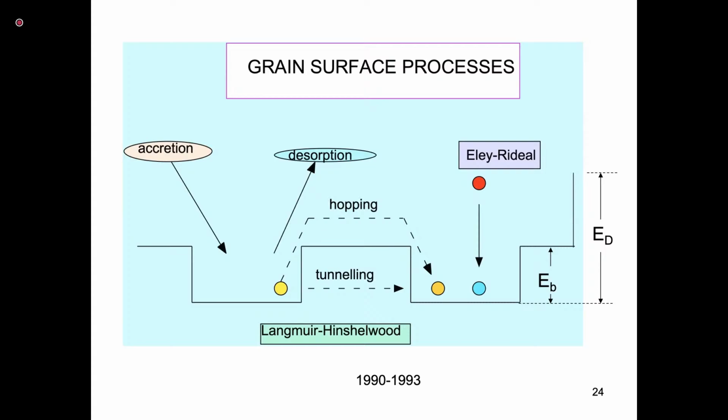And if they come together, they can react. We know something anyway about the size of the barriers and the energies needed to get everything off the grains. This was first studied by two scientists, Langmuir and Hinshelwood.